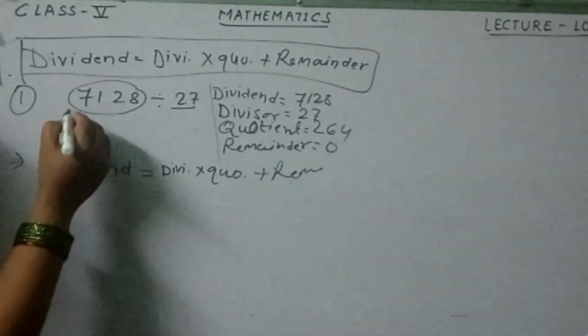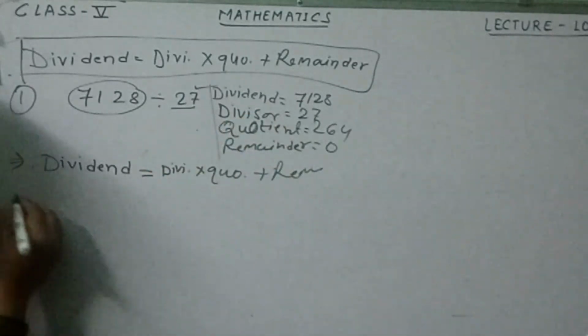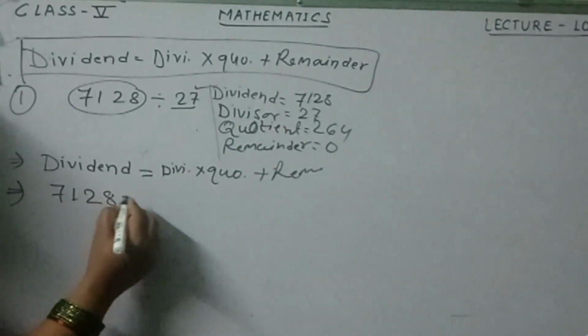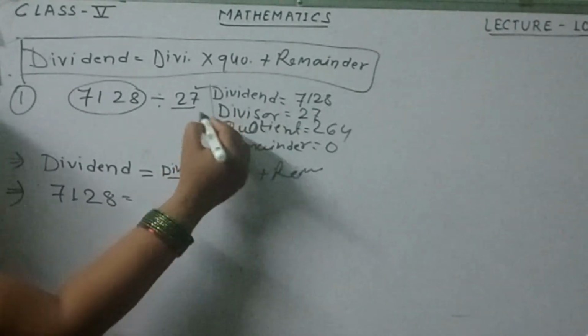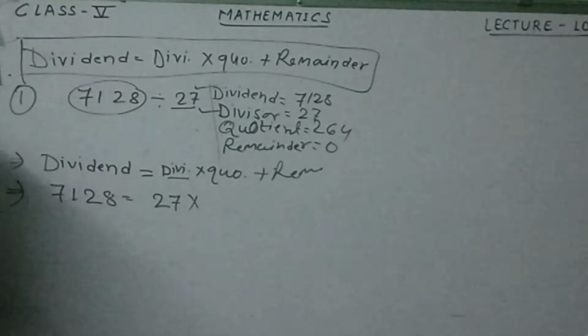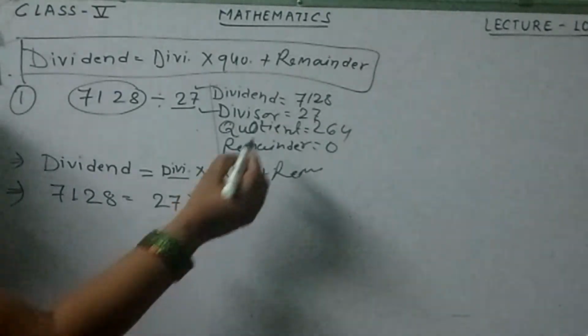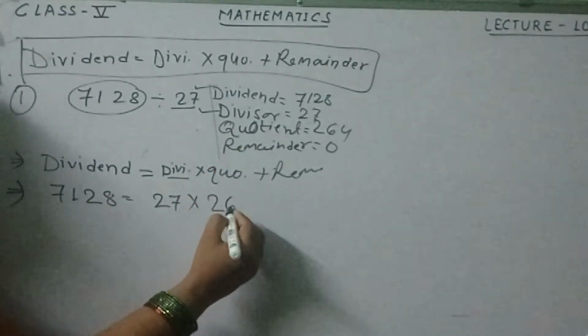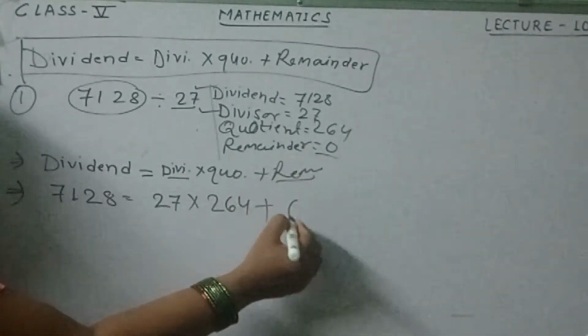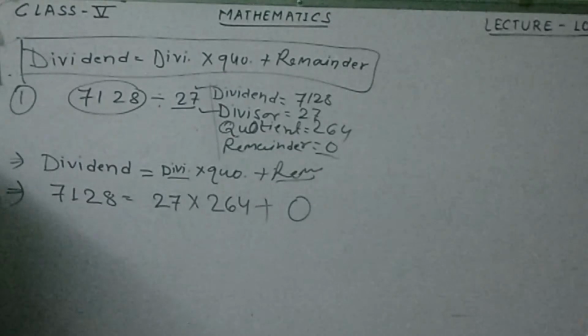Dividend is 7128. What is the divisor? Divisor is 27, multiplied by the quotient, 264, plus the remainder, 0. So write 0.